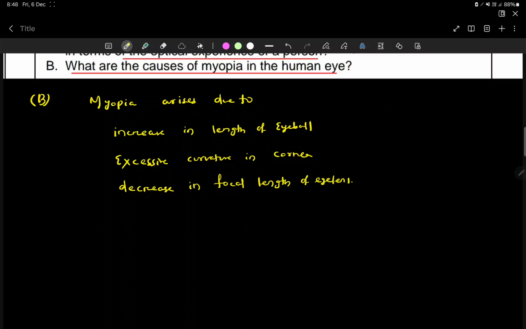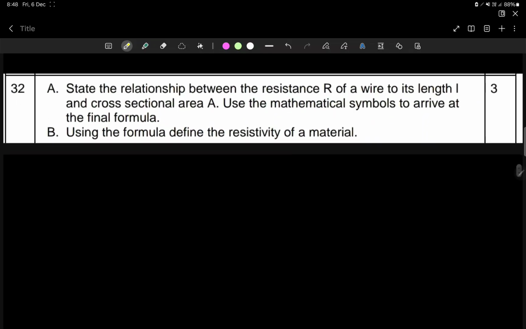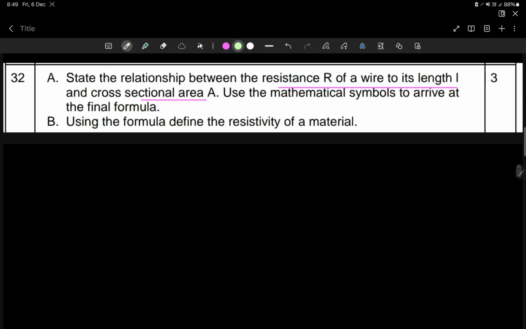Okay, so finished. Next question is, state the relationship between the resistance R of a wire to its length L and cross-sectional area A, and use the mathematical symbols to arrive at the final formula. It is a very simple question.